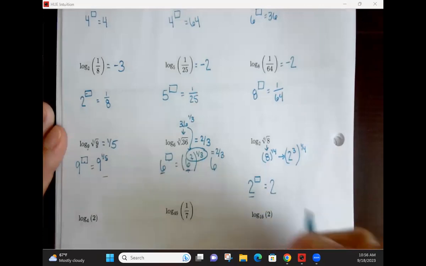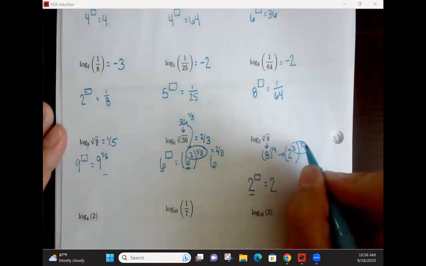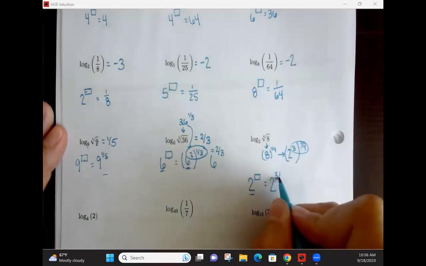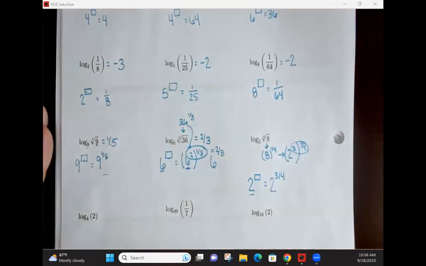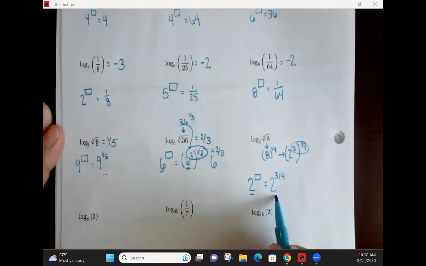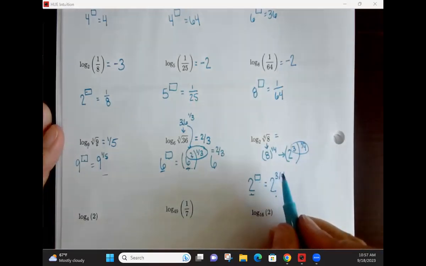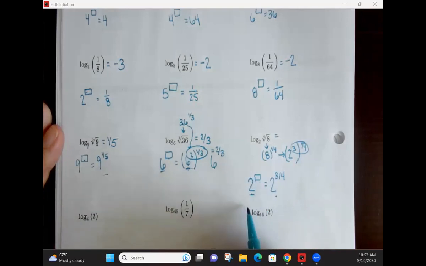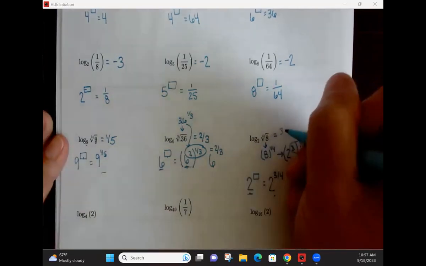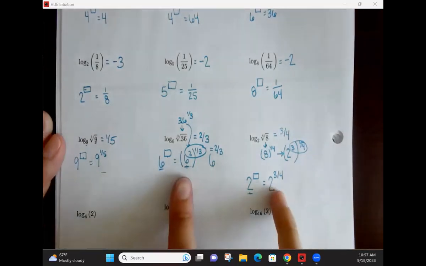So now I can compare these a little bit easier. This would be power to a power, I multiply, 3/4, 2 to the 3/4. So what does that exponent have to be so that these are equal? What's the only thing I can put in that box so this side is equal to this side? If this side is 2 to the 3/4, what does this side have to be? The same thing, right? 2 to the 3/4. These, I think, are our toughest problems for today.